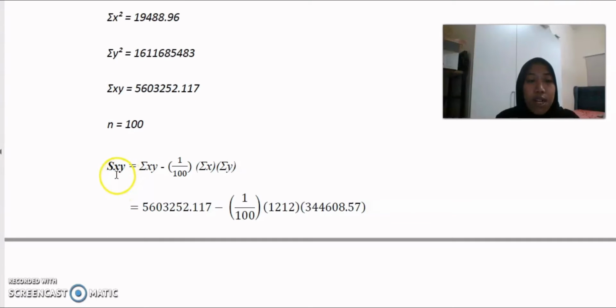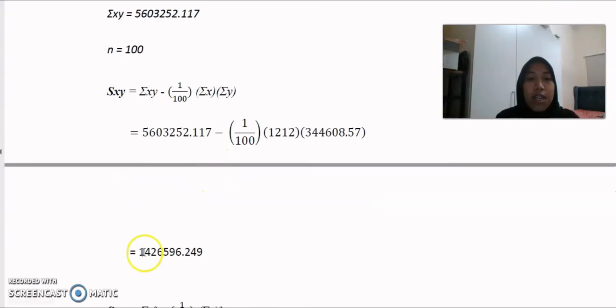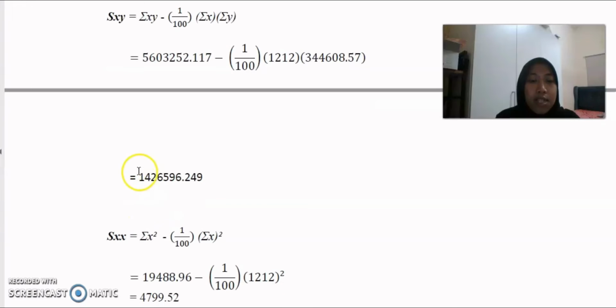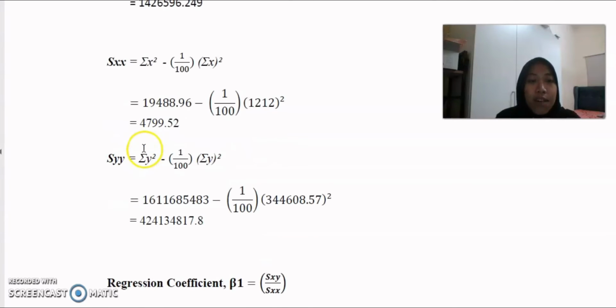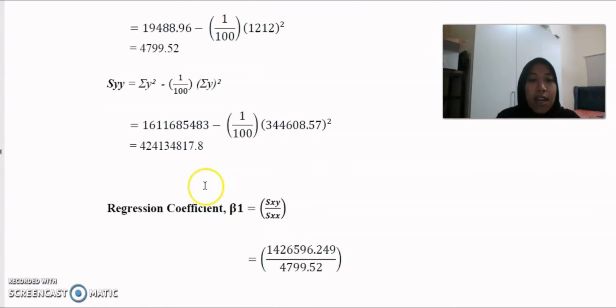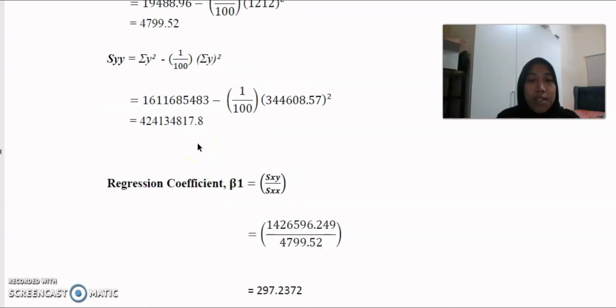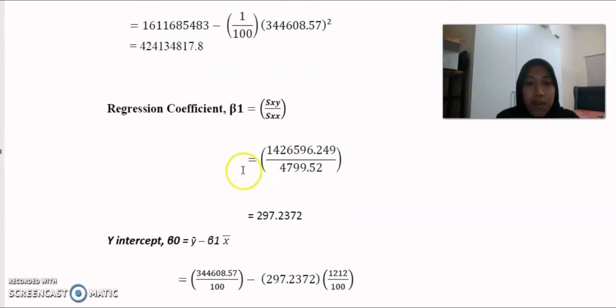So first we need to calculate the SXY by the formula, and we get the answer 1426596.255, and we then calculate SXX and SYY. This is the answer we get, and then from the answers of SXY and SXX, we find the regression coefficient, which is beta 1.